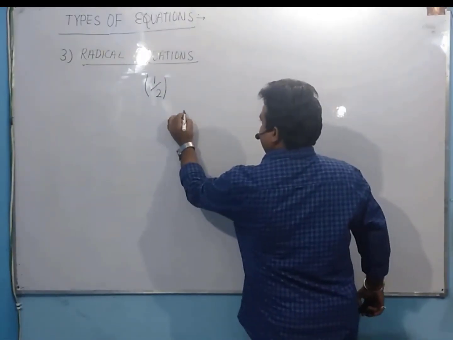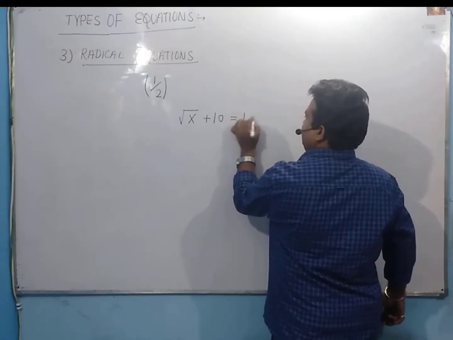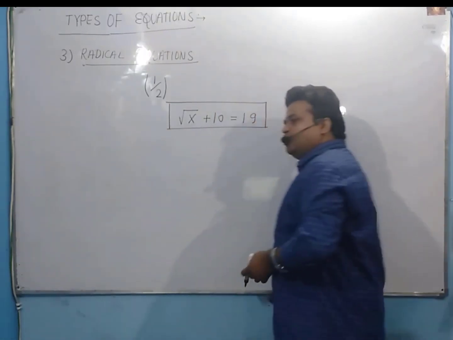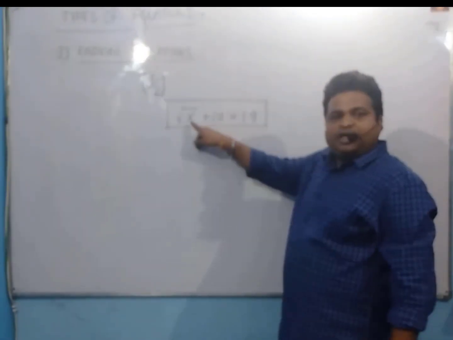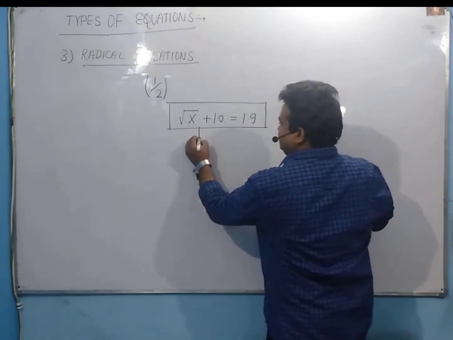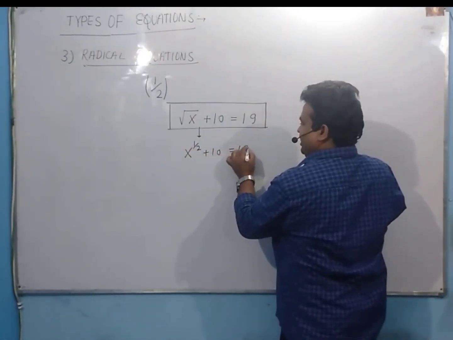For example, root x plus 10 is equal to 19. This is called a radical equation where x has the exponent of 1 by 2. You can write this equation like this also, x to the power 1 by 2 plus 10 is equal to 19.